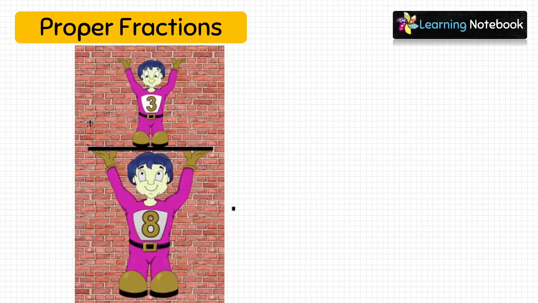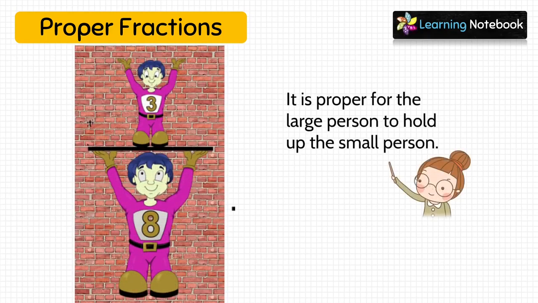Look at this figure. It is proper for the large person to hold up the small person. So, in the same way, 3 by 8 is a proper fraction because it is proper for the large number to hold up the small number.